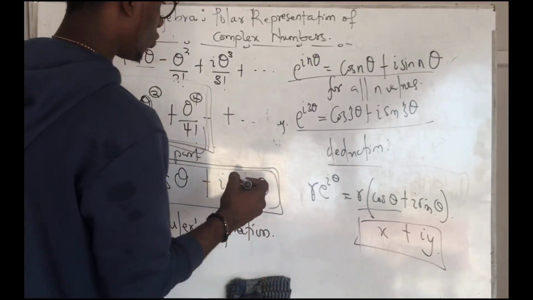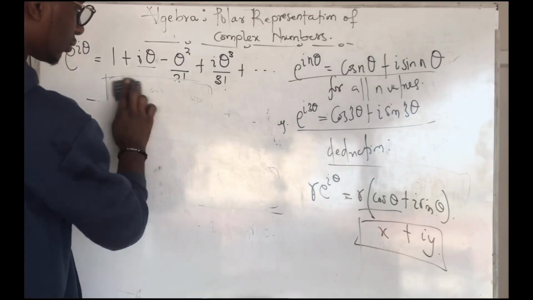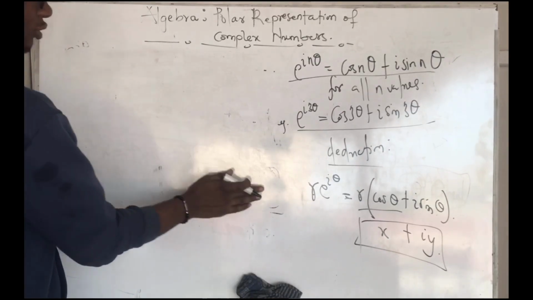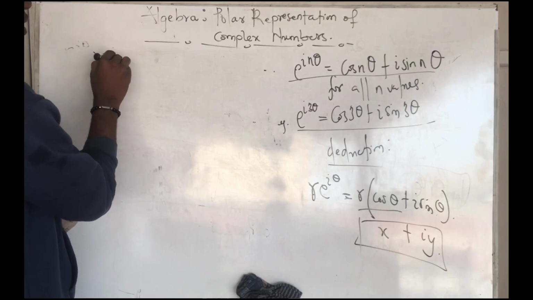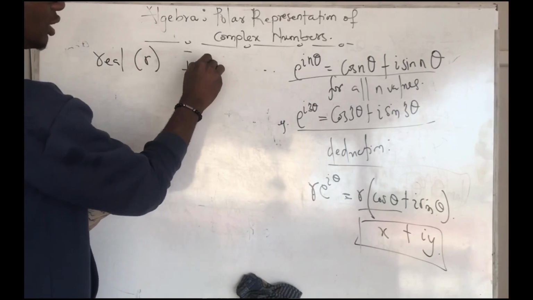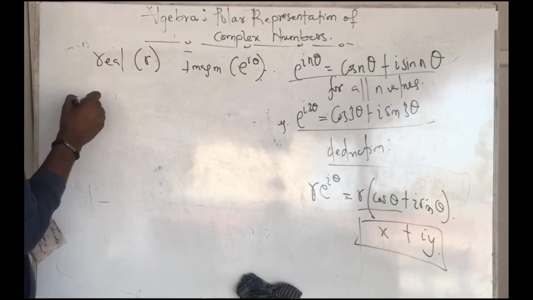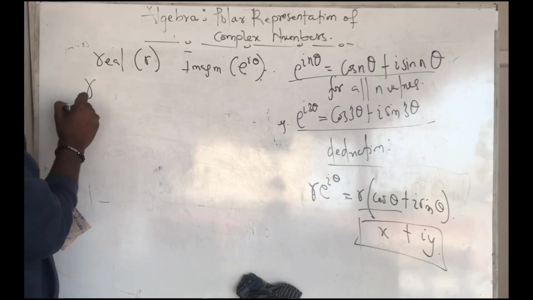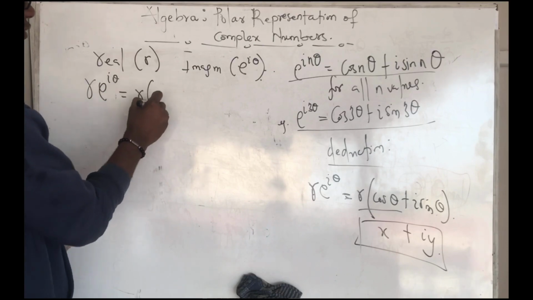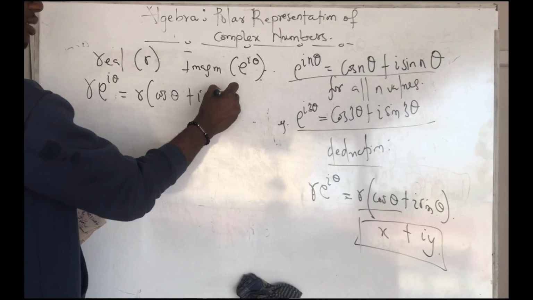So now we have our normal z. We have a real part of the equation, which we call r, and the other part is e to the i theta. If we want to multiply them, we get r into bracket cos theta plus i sine theta.